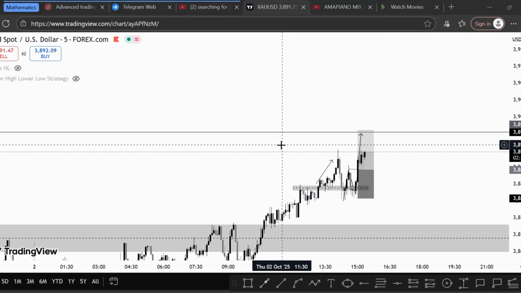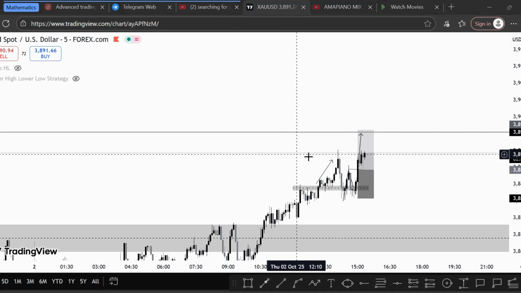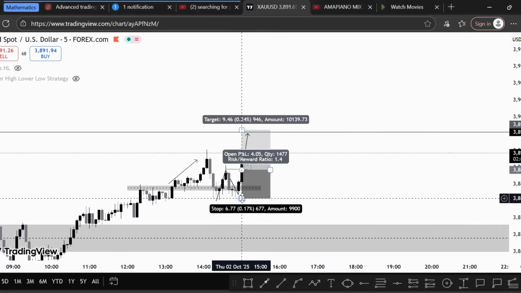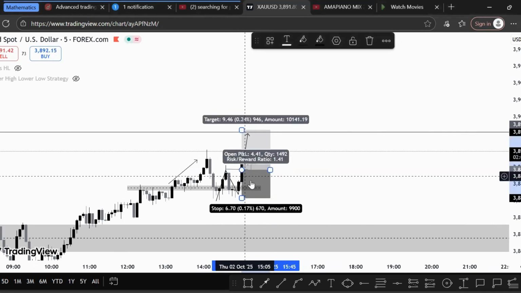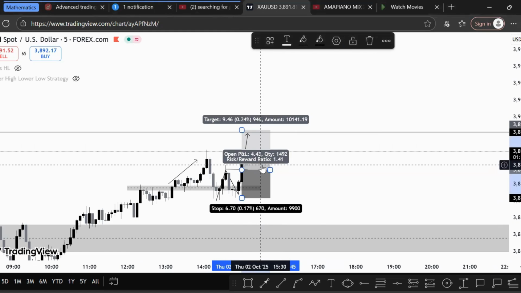So what you want to do in these cases is know how much you risk per trade. For instance, if you were to take this trade from what I just showed you, based on your stop loss, you can easily know from your entry point to your stop loss how much you're willing to risk.